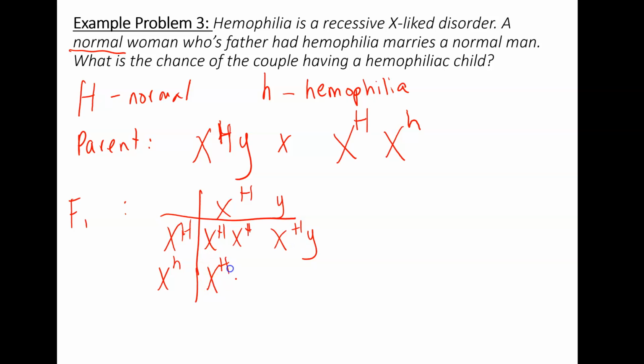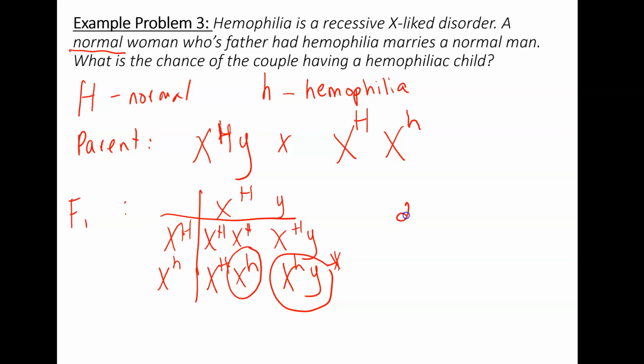We're going to have one heterozygous female who is a carrier, and then we have this affected male as well here. So what is the chance of the couple having a hemophiliac child? These first three are going to be normal. The only one here that has hemophilia is this male child.